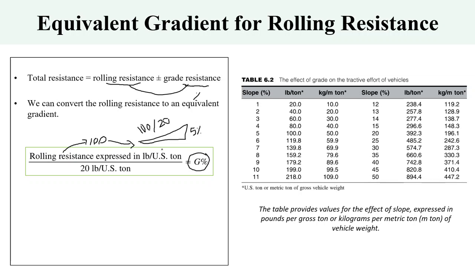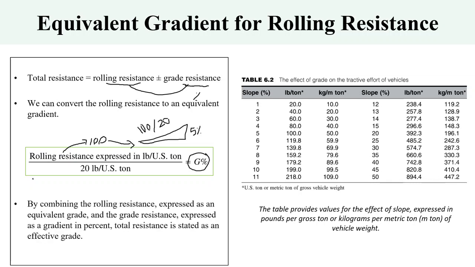The equivalent gradient of a rolling resistance of 100 pounds per US ton is equal to driving up a hill with 5% grade. Does that make sense to everybody? Okay, I cannot hear you, but I assume it is yes.